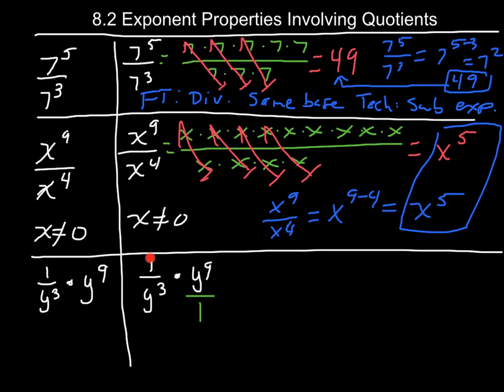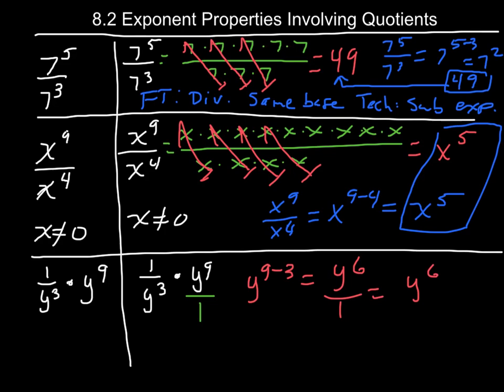So I don't have to have them directly above each other. If it's multiplication, I can simplify across like that. So I'm going to have y to the 9 minus 3, which is y to the 6th. And then my denominator is over 1. So that would be equal to y to the 6th.